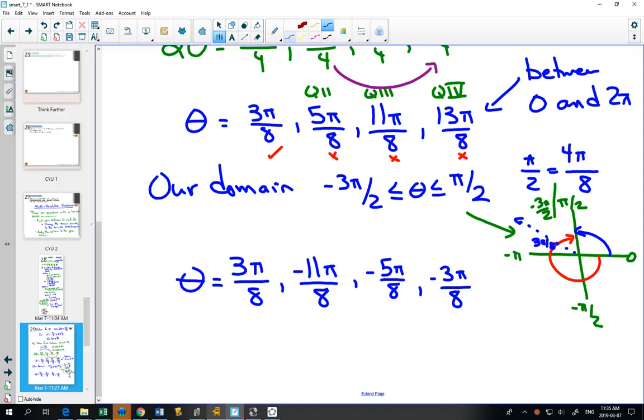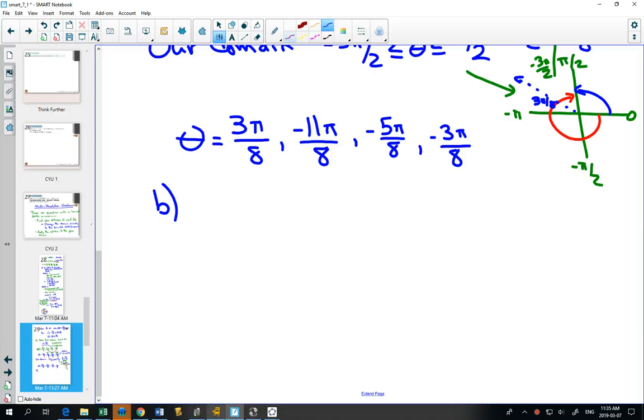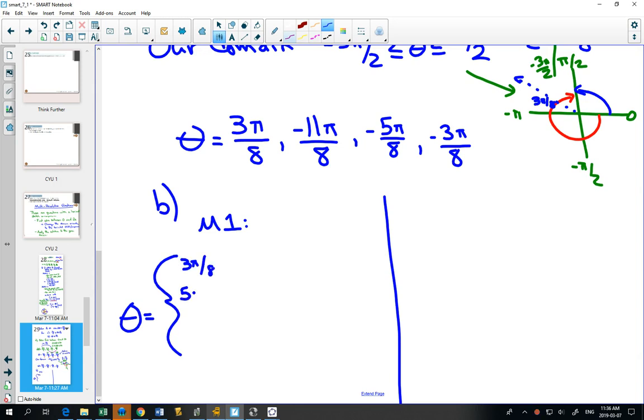Part B said, find the general solution. Method 1 said, take the answers you had between 0 and 2 pi. Theta equals, we had 4 answers between 0 and 2 pi. They were 3 pi over 8, 5 pi over 8, 11 pi over 8, and 13 pi over 8.